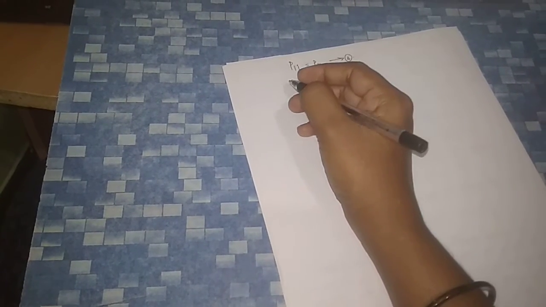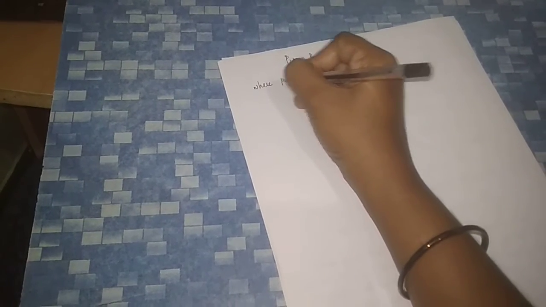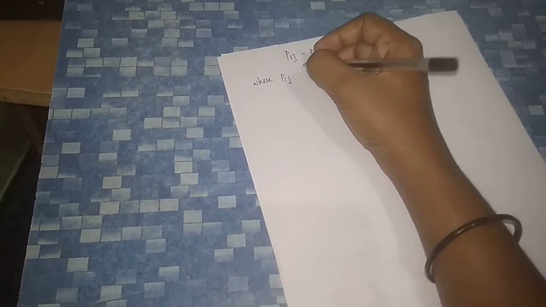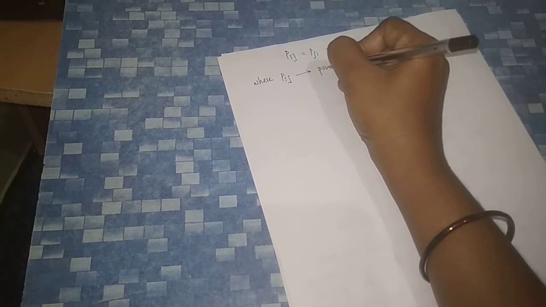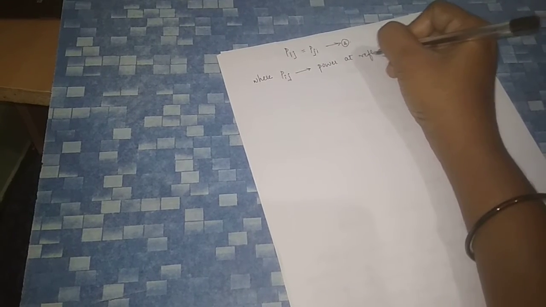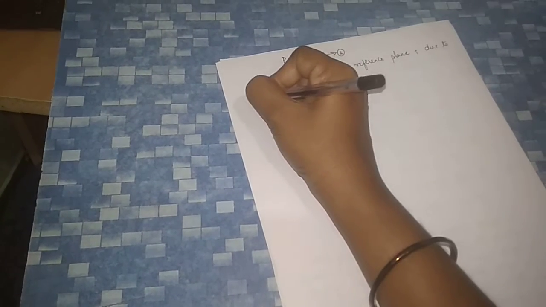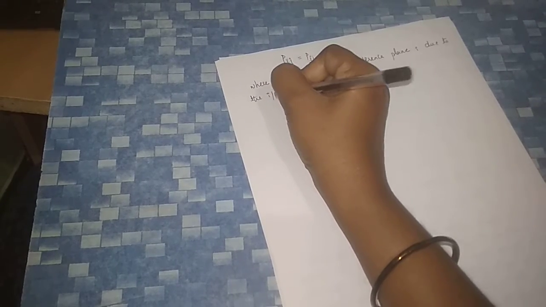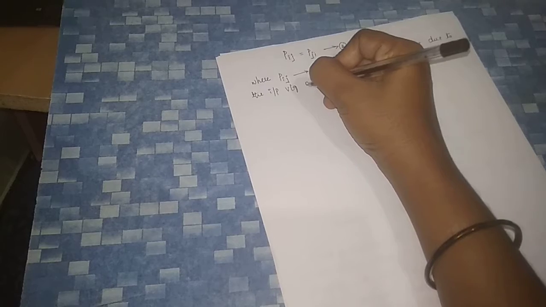Where Pij represents the power at reference plane i due to the input voltage at plane j.